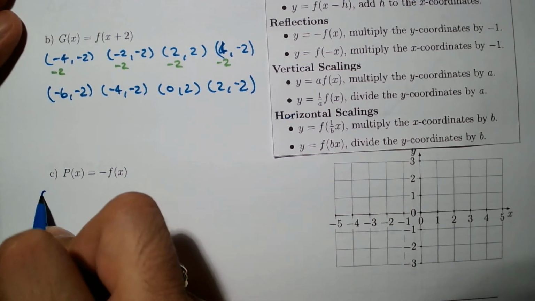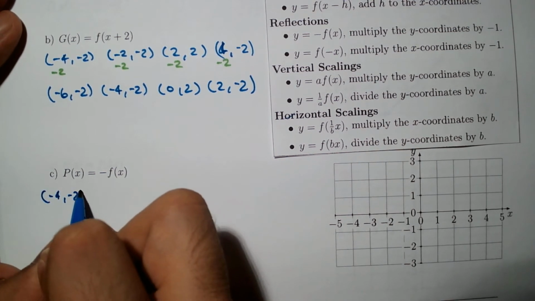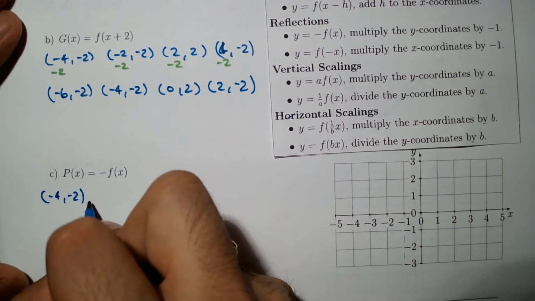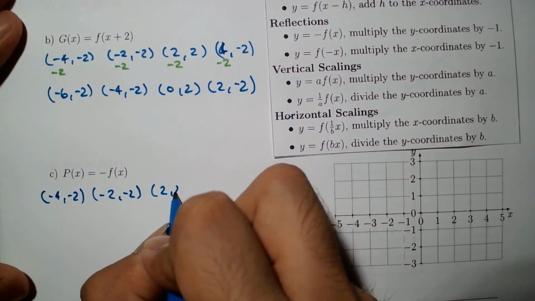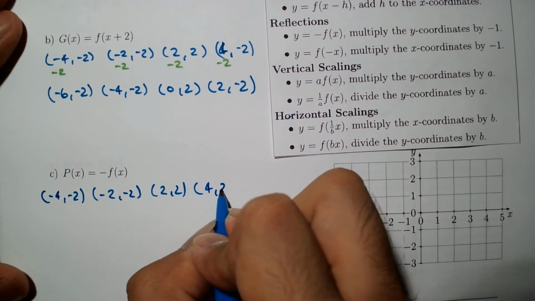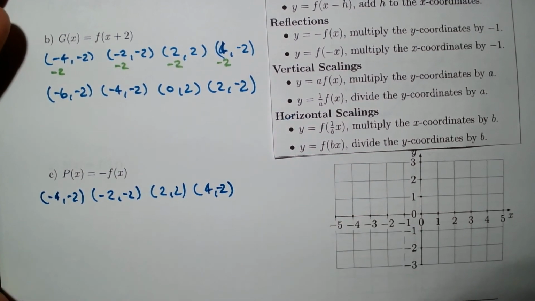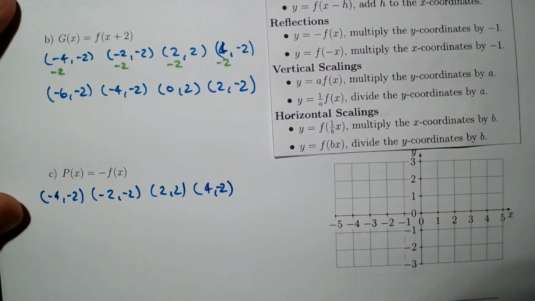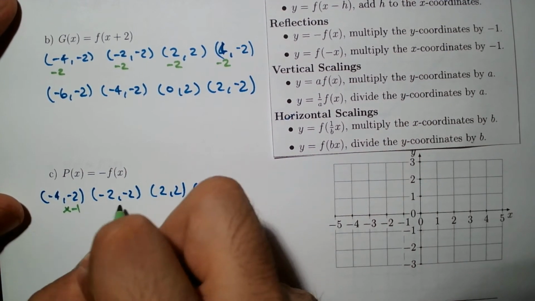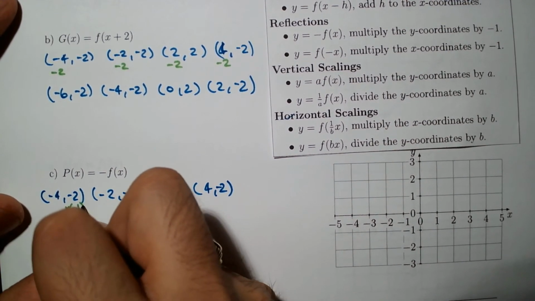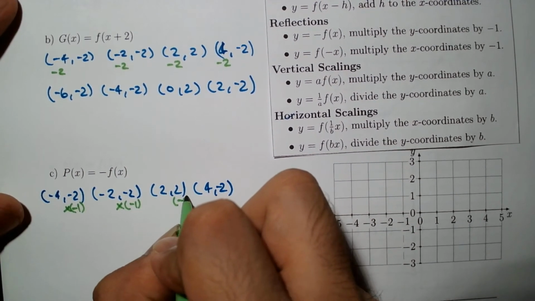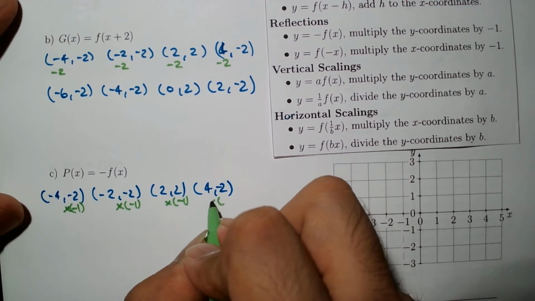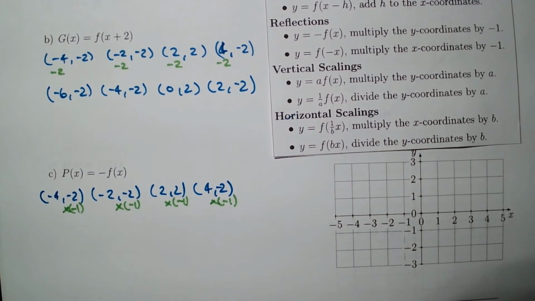So let me write down those points: negative 4, negative 2, and then negative 2, negative 2, 2, 2, 4, negative 2, and let's see. Multiply the y coordinate by negative 1, so times negative 1, times negative 1, times negative 1.